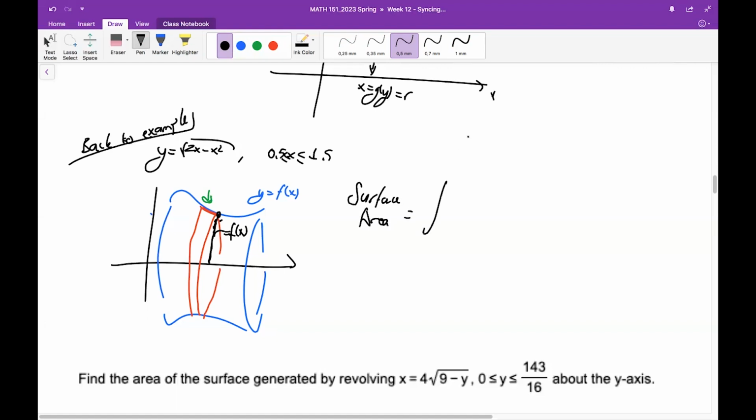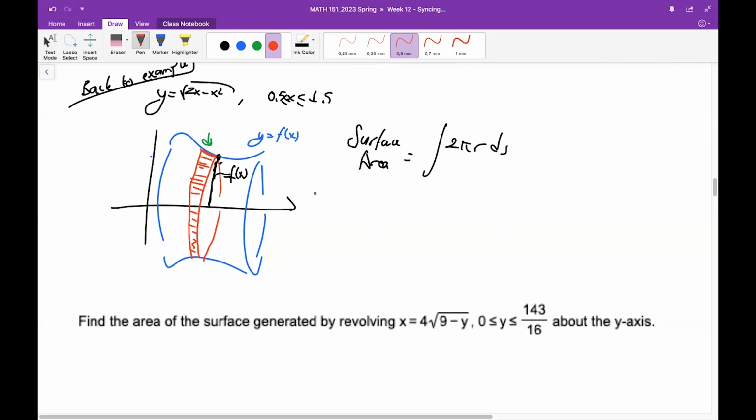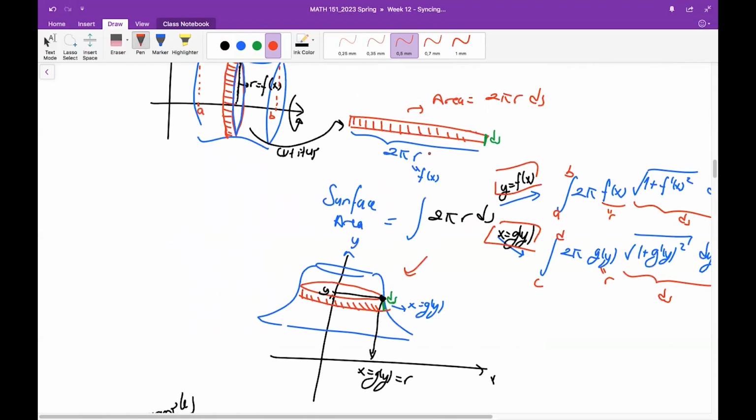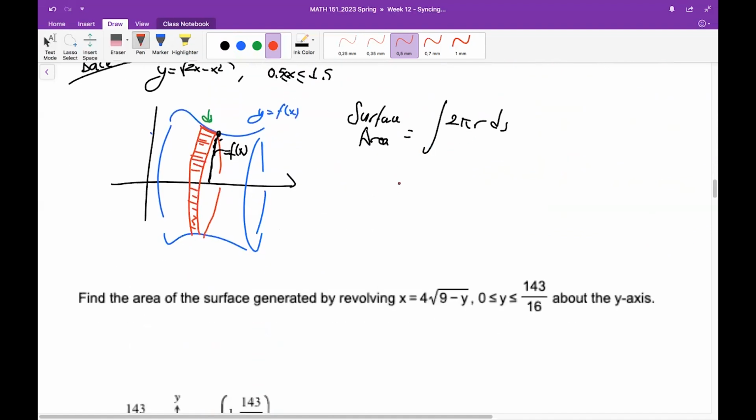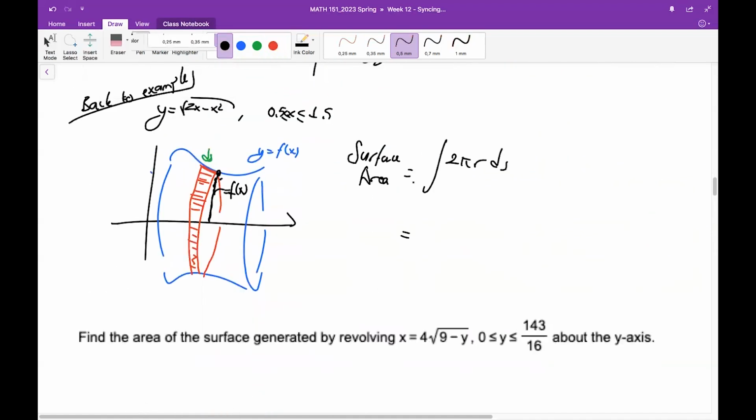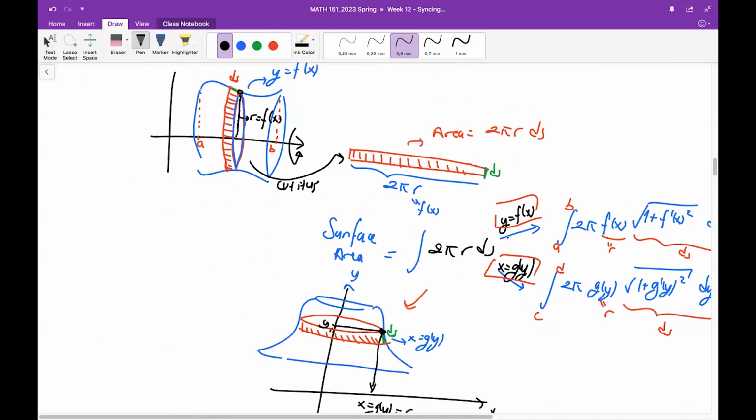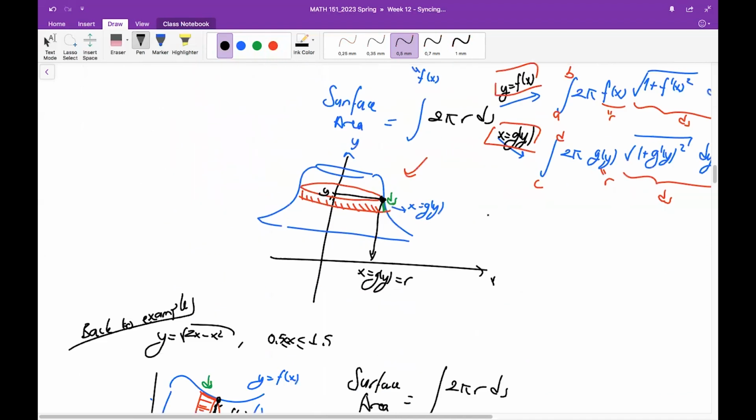So surface area is computed, I already explained all the details, by this expression 2 pi r ds. The 2 pi r ds corresponds to the surface area of this cylindrical strip, which corresponds to the area of the rectangle, which is all explained here. Okay, and now I will go from this first path because our curve is given with respect to x.